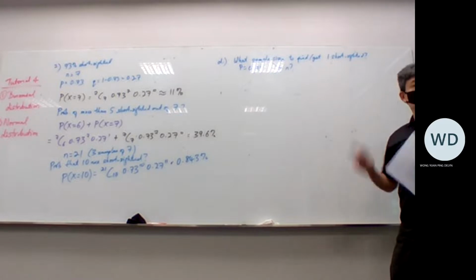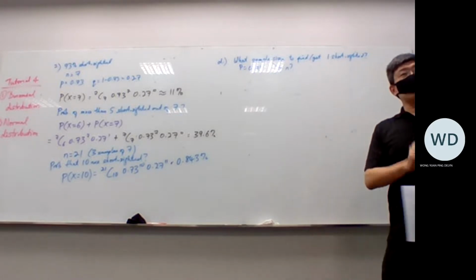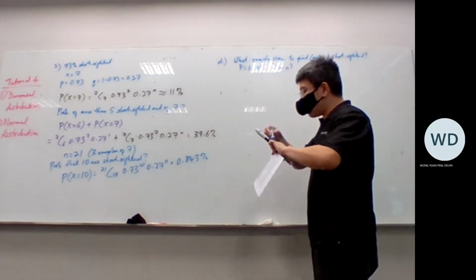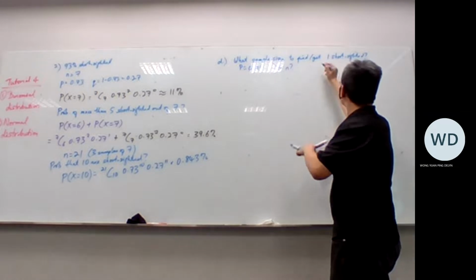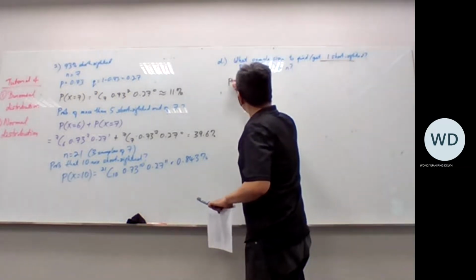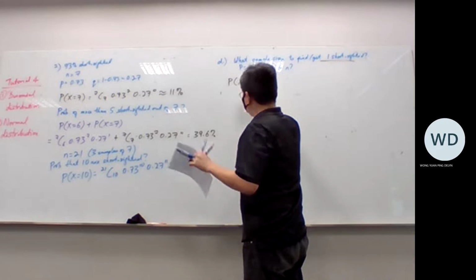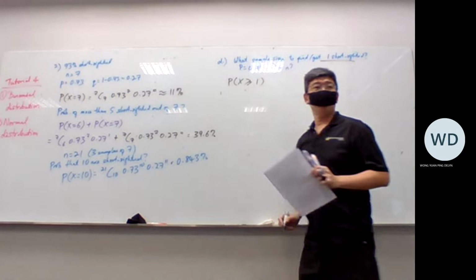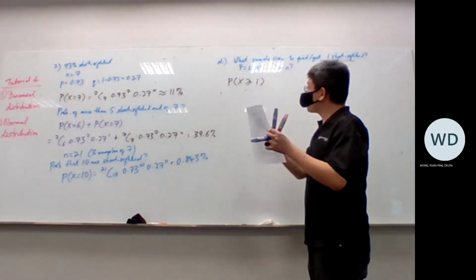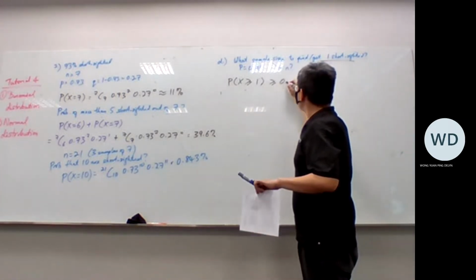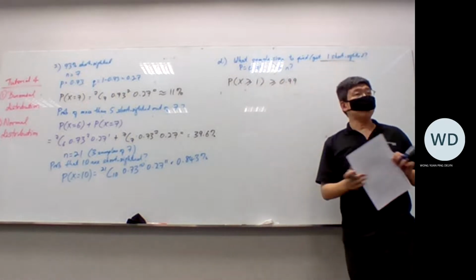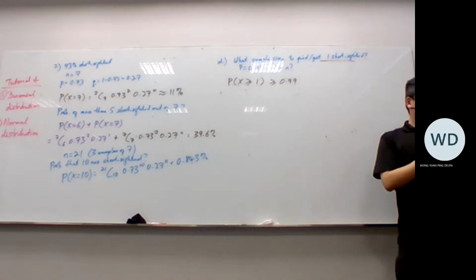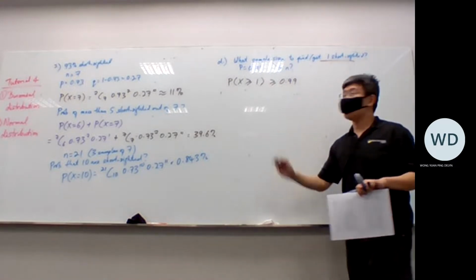Okay. So in order to write it out, at least one short-sighted can be 2, 3, 4, 5, 6, 7, 8, 9, or so on, right? So when you write it out, at least one short-sighted, you're taking the probability of x more than or equal to 1. And you equate this to more than or equal to 99%. Which means that the probability of 0 is less than 1%. You invert it the opposite way.